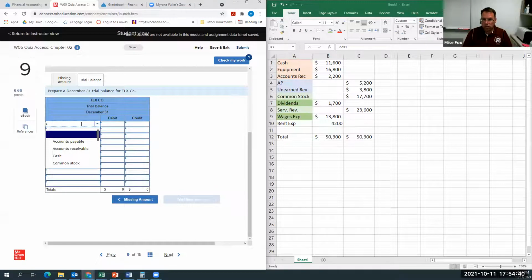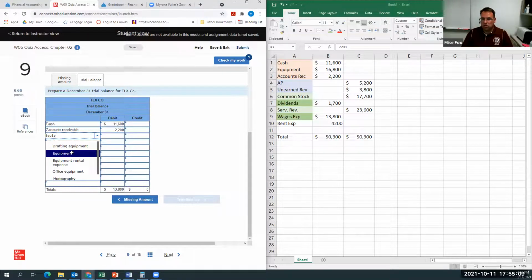Cash has a debit of 11,600. Equipment, probably it'll want accounts receivable next. It's usually normal to put the most liquid accounts first, meaning the closest to cash or the ones we're going to collect first. And we're going to collect accounts receivable before we ever turn this equipment into cash. There's equipment.